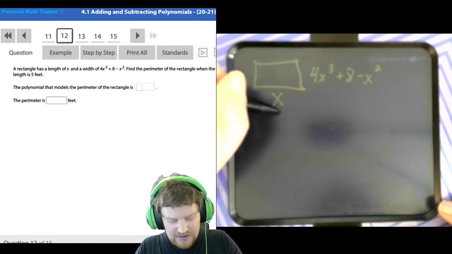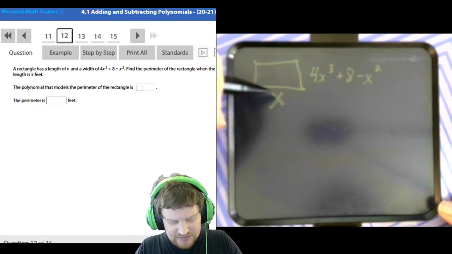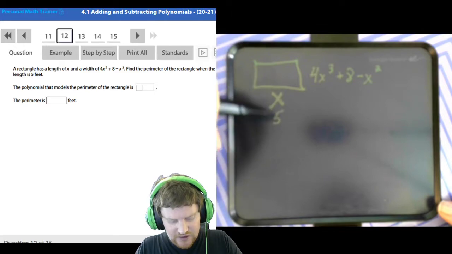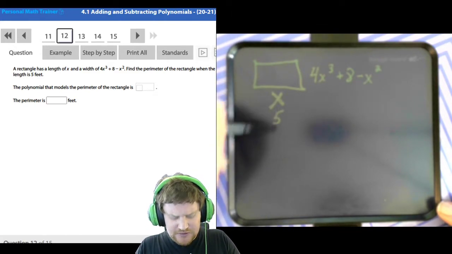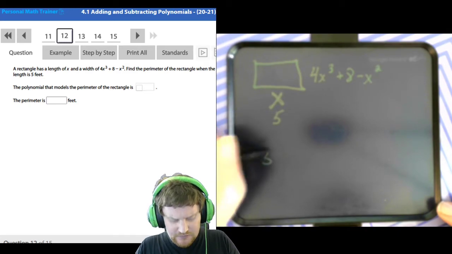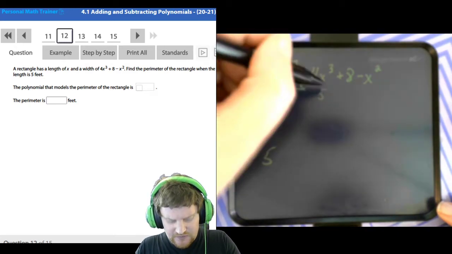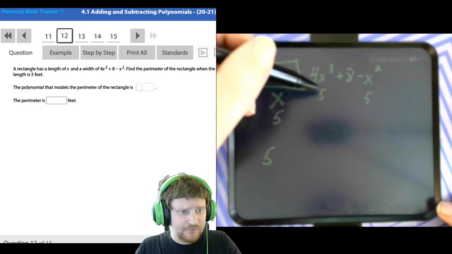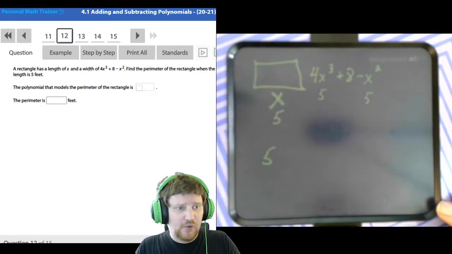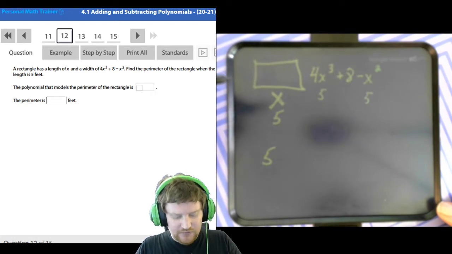So if my length, x, is 5, this is a strange question because I can just plug the 5 in there. And if I plug the 5 in for each of these, oh, okay, they want the polynomial that models the perimeter of the rectangle.